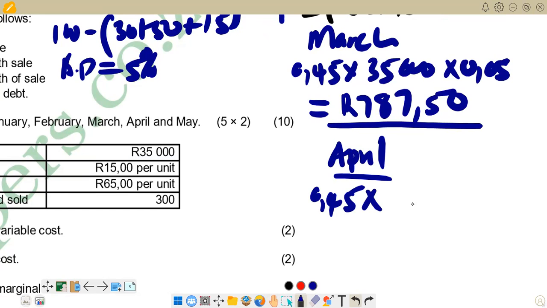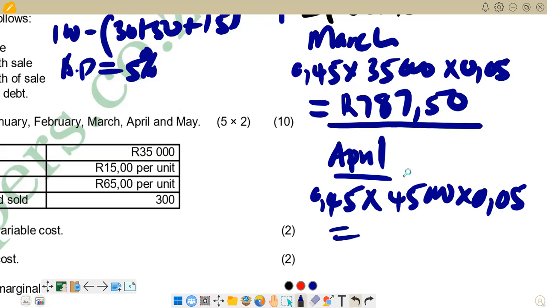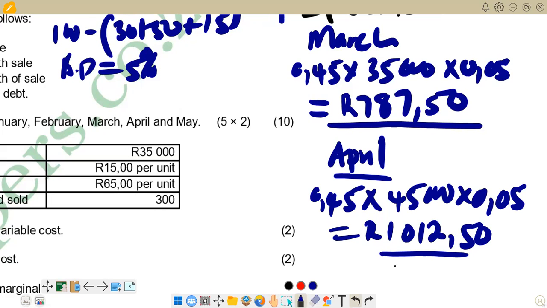We multiply by 45,000. Then the answer that we get, we multiply by 0.05. Then we get 1,012.50. That is what we have for April.